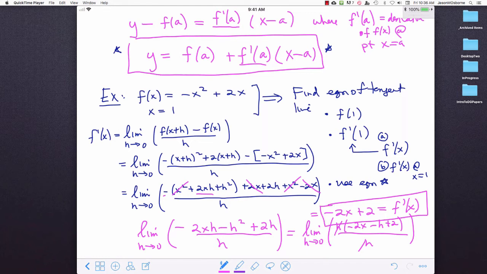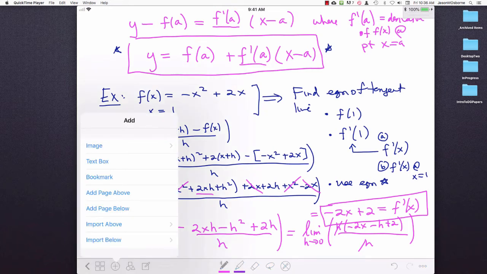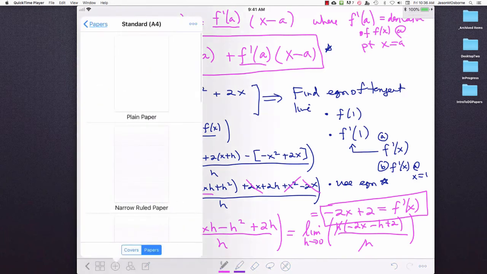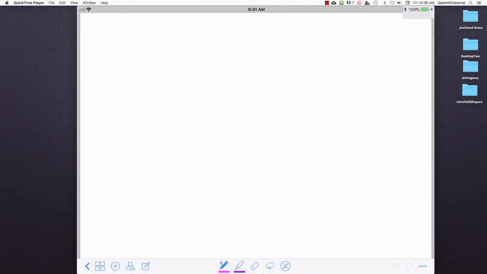So, we had a function f of x equals negative x squared plus 2x. We had a point that we were interested in, which was called a, equal to 1. It's an x value.